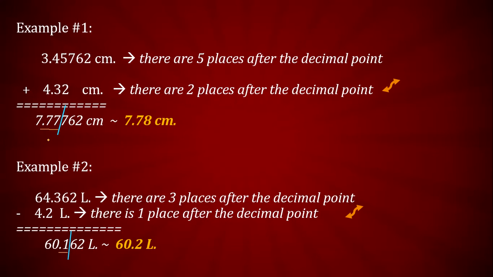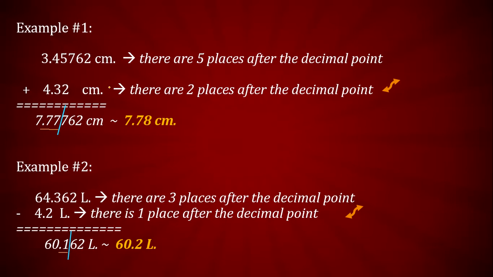I calculated it and I got 7.77762 centimeters. Again, keep in mind, this is not a math class, so we have to be very careful of carrying your unit or units correctly. So this is addition. All you have to do is just carry over the unit on your final answer. So cm.